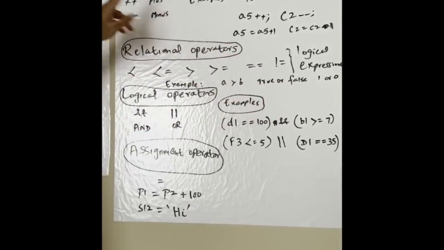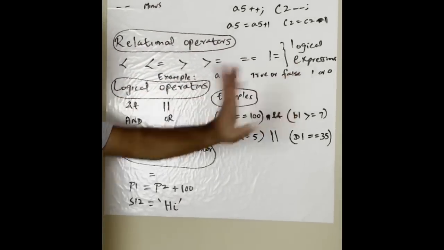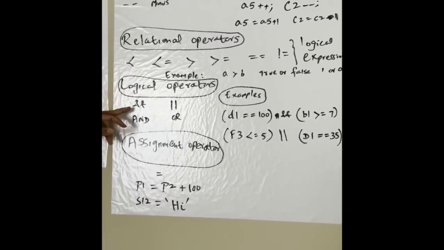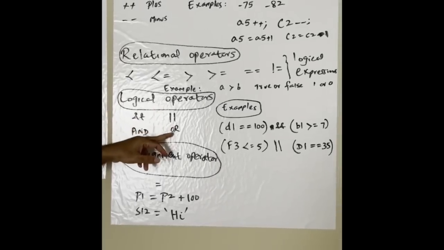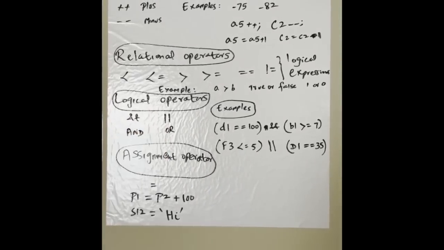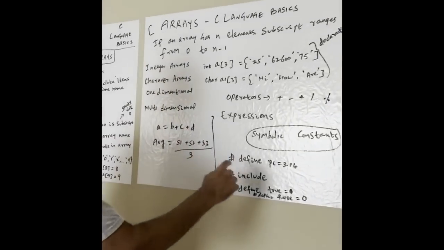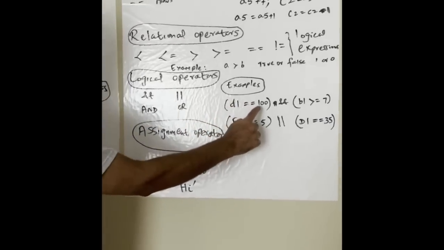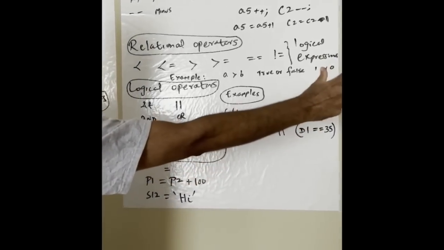This is called true or false, which is a Boolean operator. We saw the mathematical operators in the last lesson. True means 1, false means 0. And the logical operators: ampersand means and, the two slashes mean or. For example, D1 equal to 100 and B1 greater than or equal to 7, do this.